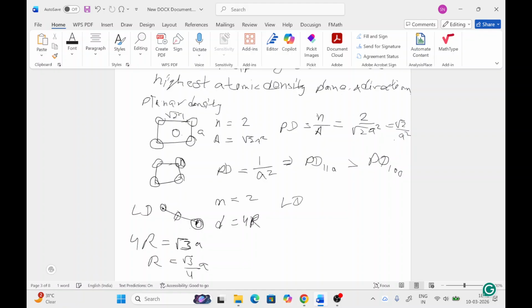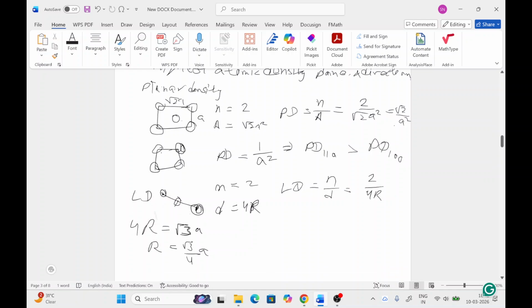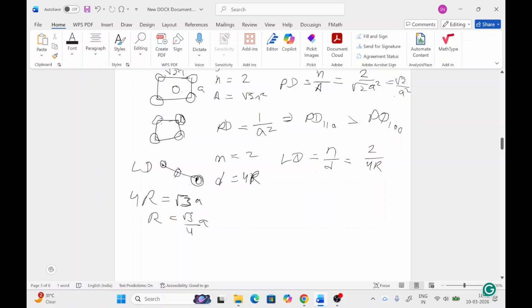So the linear density, number of atoms by the distance, will be 2 by 4R. And if we consider any 100 direction, the number of atoms is 2.